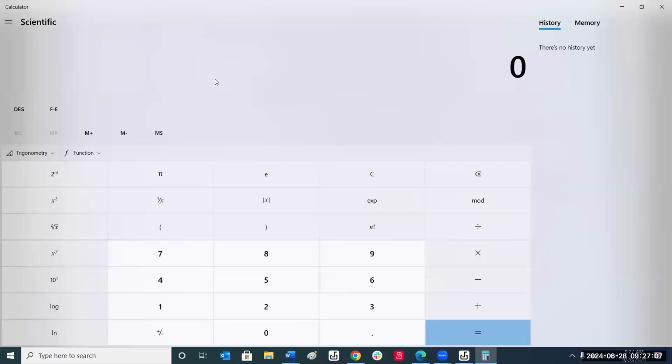Make sure we're on scientific. And if you notice here, you have 10 to the power X, you have log with no base, and we have ln. These are there for a specific reason, which we'll talk about shortly.